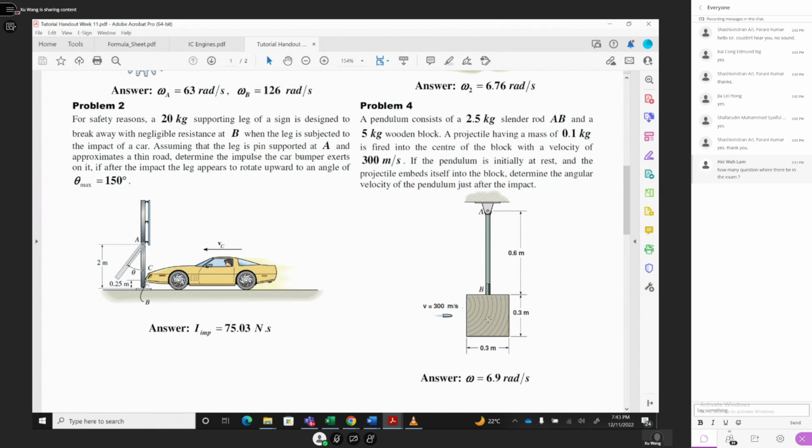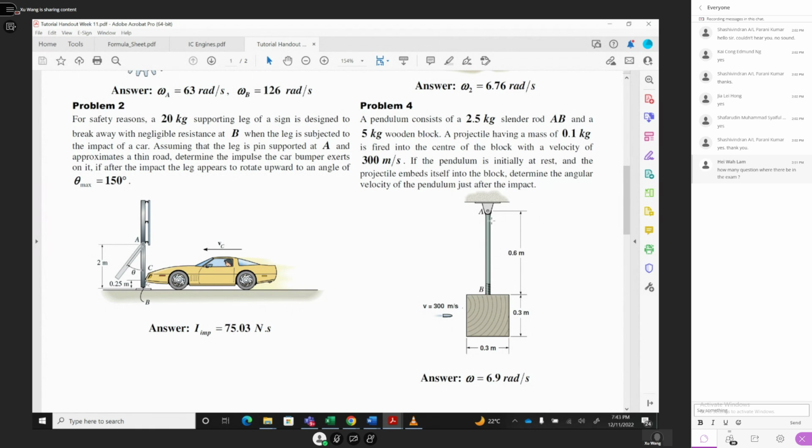The whole I equals this part: the central gravity rotational inertia plus this mass times this distance, m r square, times omega. This is one part of I omega.